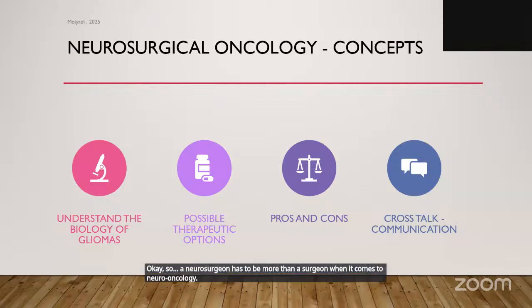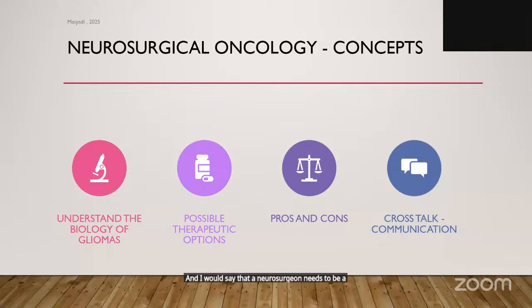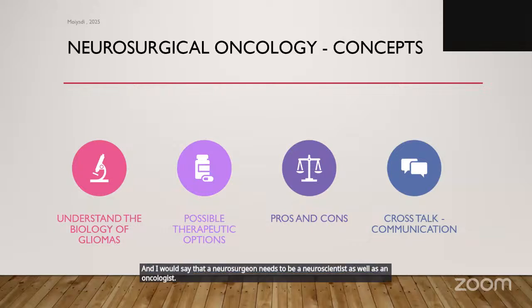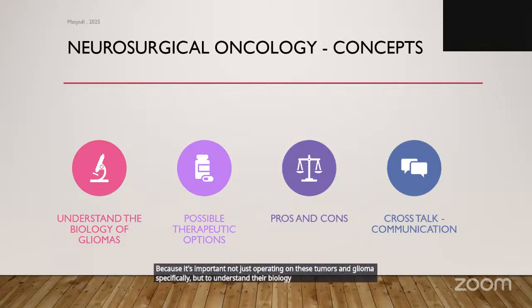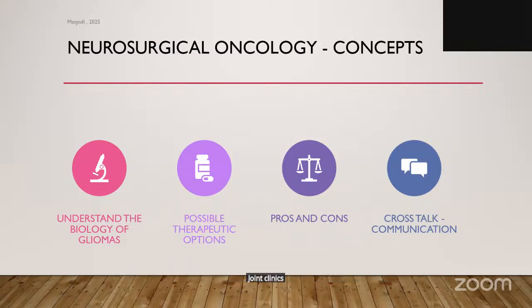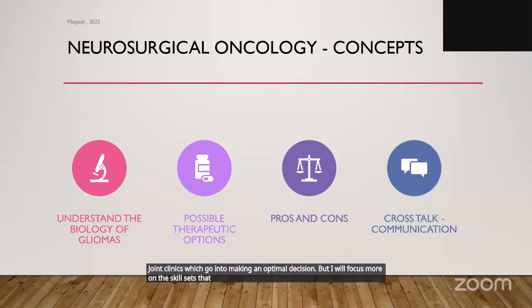A neurosurgeon needs to be a neuroscientist as well as an oncologist, because it's important not just to operate on these tumors and gliomas specifically, but to understand their biology, to understand that there are multimodal options on the table, understand the pros and cons of each, and of course have a team-based approach, which is epitomized by tumor board discussions and multidisciplinary joint clinics, which go into making an optimal decision. But I will focus more on the skill sets that a neurosurgeon needs to have.